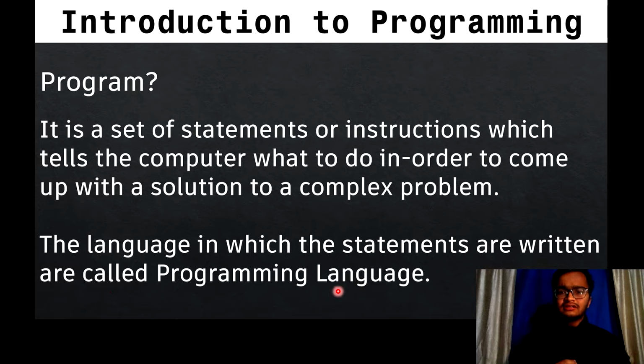So what is a programming language? Suppose I have a complex problem and I want the computer to solve it. The computer will solve it, but to convey my message to the computer, I take the help of a programming language. Okay, now let's take another view of it.